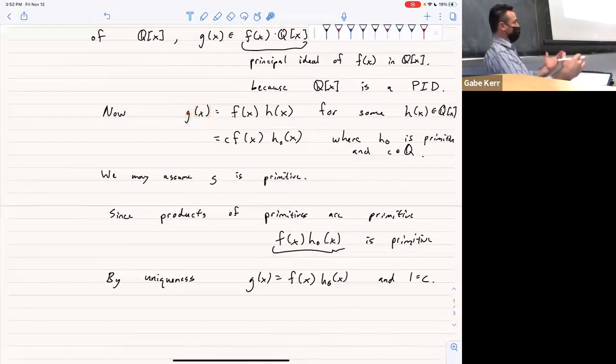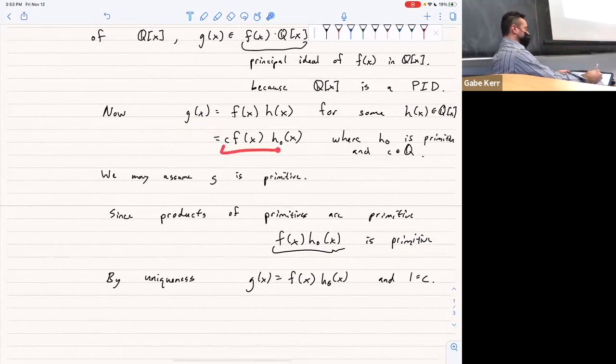I take a primitive, what is the unique fraction times it that's of that form? It's 1 times it. So we have 2 different ways of writing rational times primitive. Since they're both the same, the rational numbers must be equal. But now these are both primitives. This is saying exactly what we wanted.